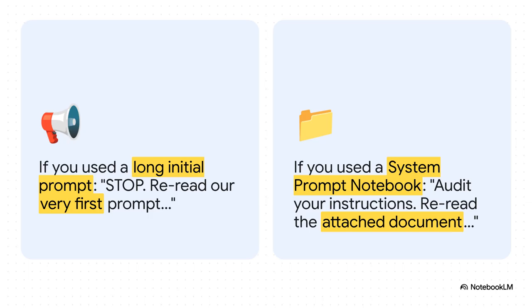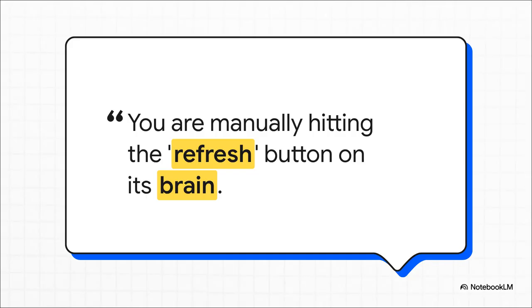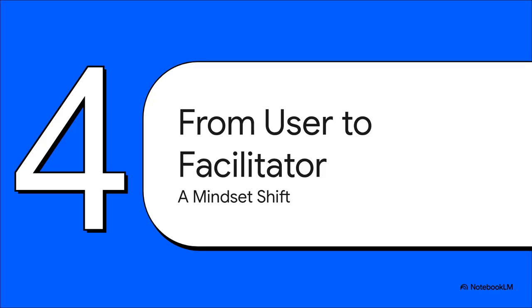See? Both methods get you to the exact same goal. What you're doing essentially is forcing the AI to pause its distracted train of thought and reload its core mission. Like the slide says, you are manually hitting the refresh button on its brain. You're instantly restoring its focus. It's that simple.